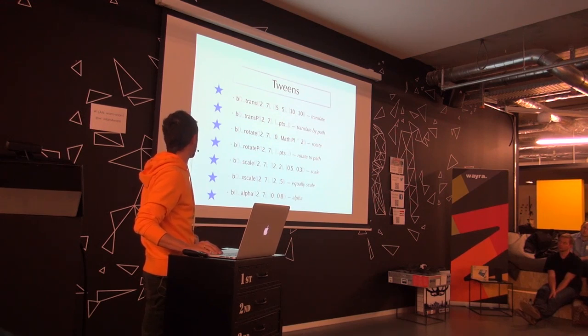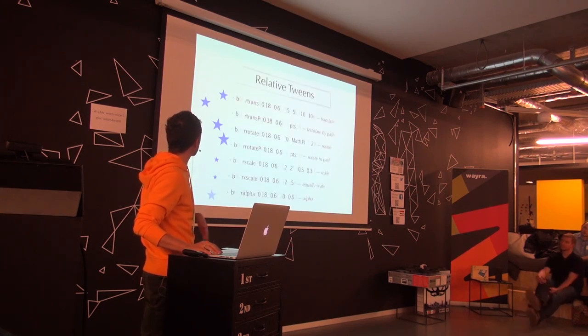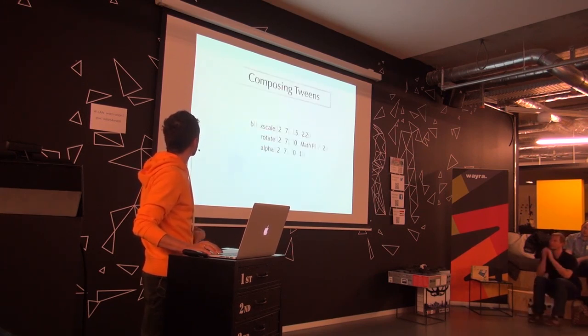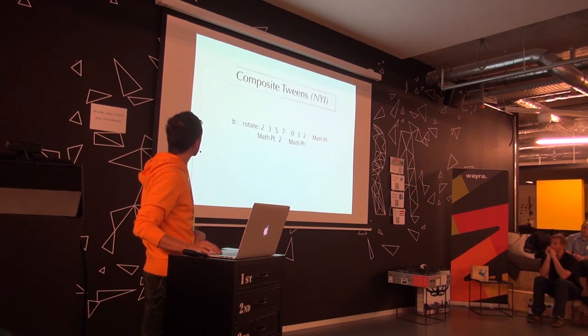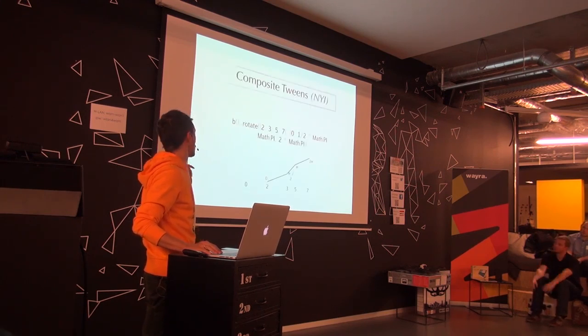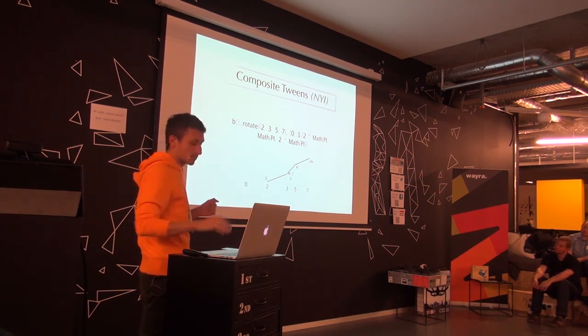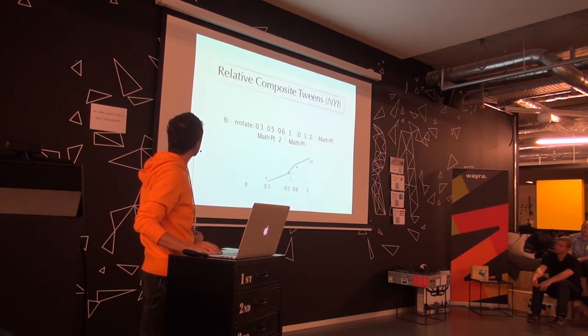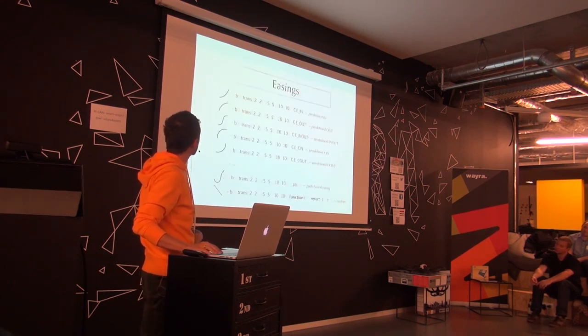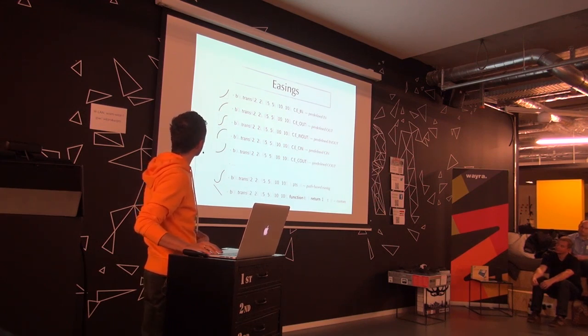There are all the possible tweens, I think. They may be relative, maybe not relative in time. You may compose some tweens, you will have the ability to make composite tweens, like tweens having several points in time. And relative, this way you have all of the exits.